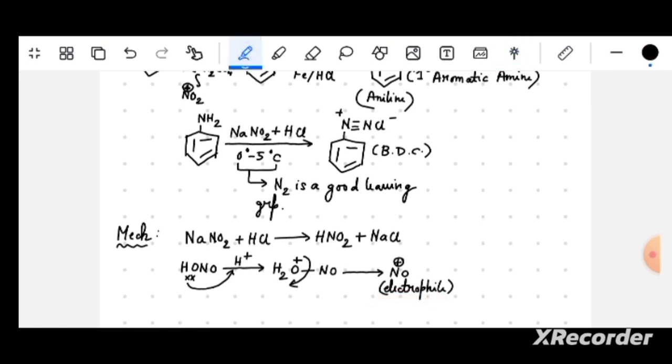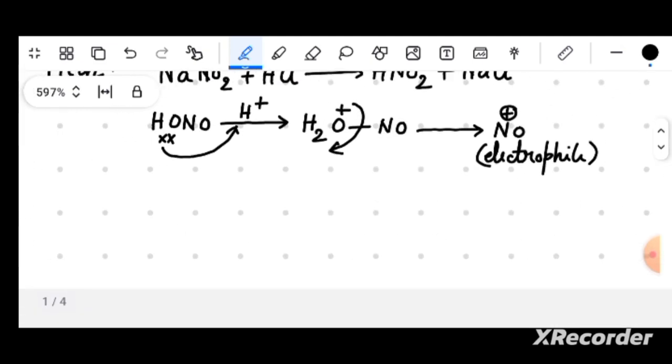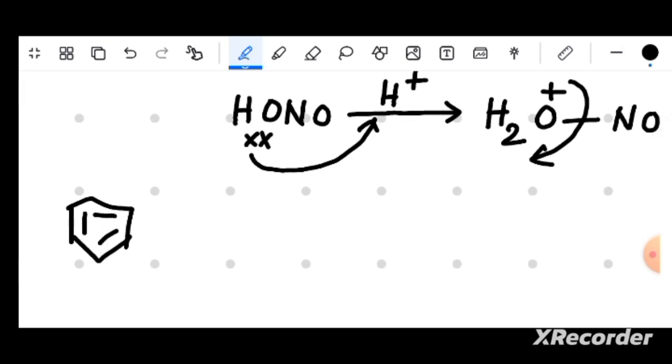So now we will take aniline once again. This is aniline. N, H and H, and nitrogen has lone pair. NO plus.